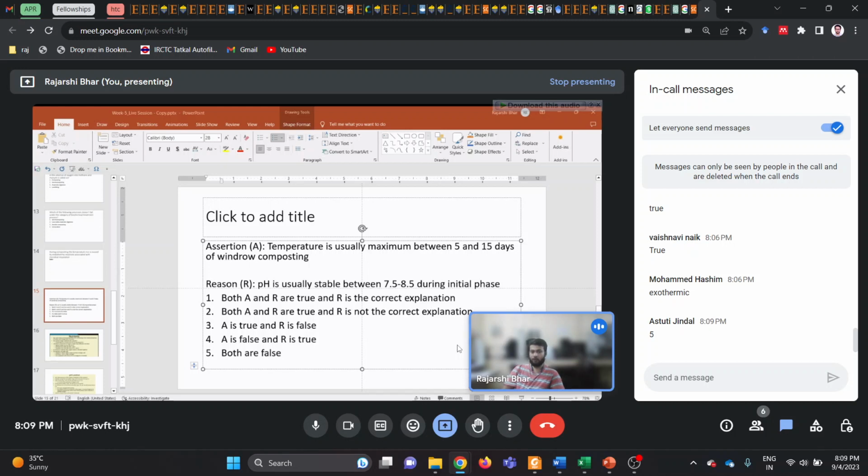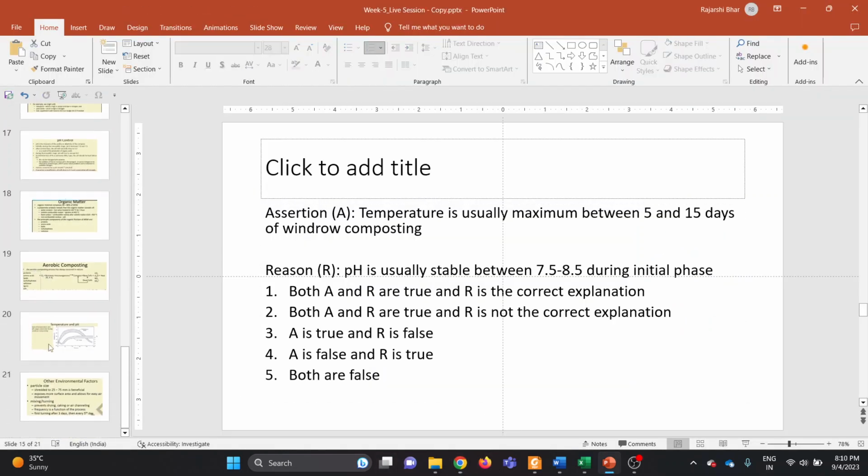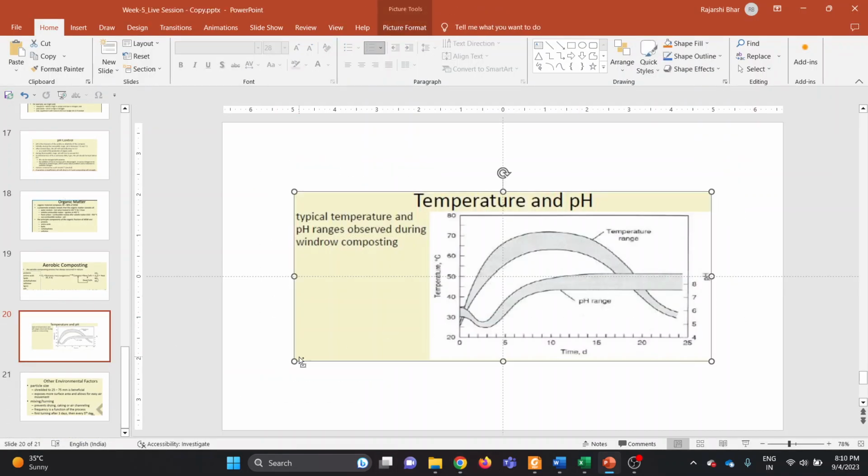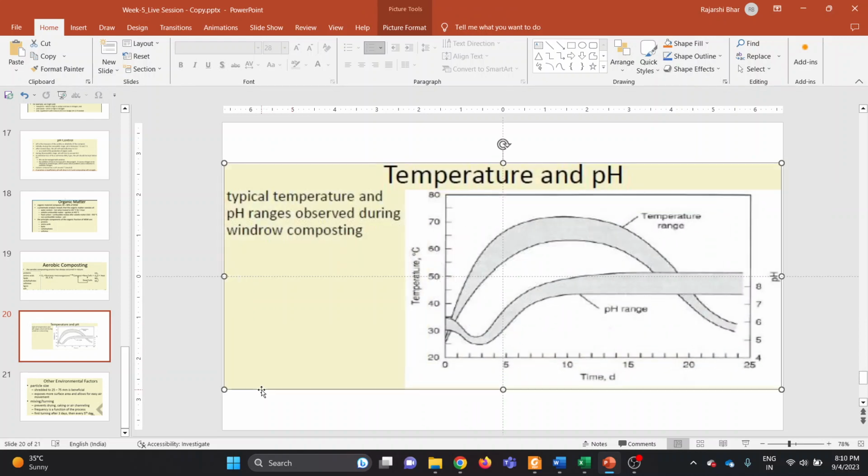Okay, so one of the answers we have got. I will also share a graph and then you can revisit your answer. Fine, so I will just share the graph with you. This is the graph. So now what do you think? Y-axis is temperature, x-axis is time, this is the pH variation, this is the temperature variation.